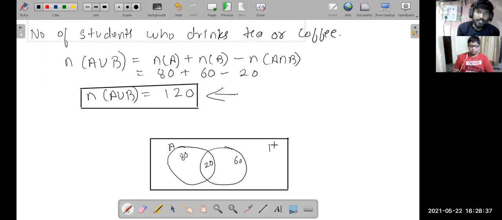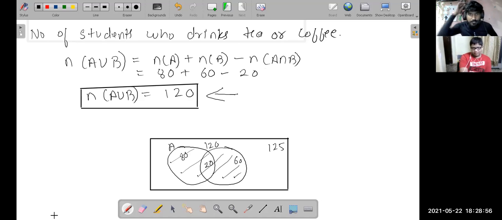Total number of students in this hostel is 125. And A union B, that is this entire thing, is 120. Looking at this diagram, can you tell me now how many students don't drink both? 5. 5, yes, 5.